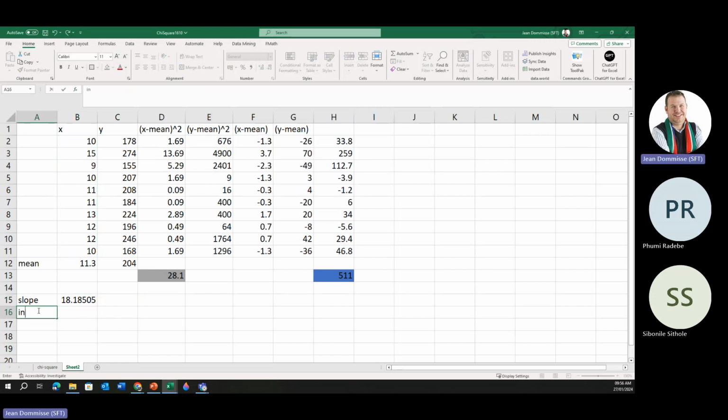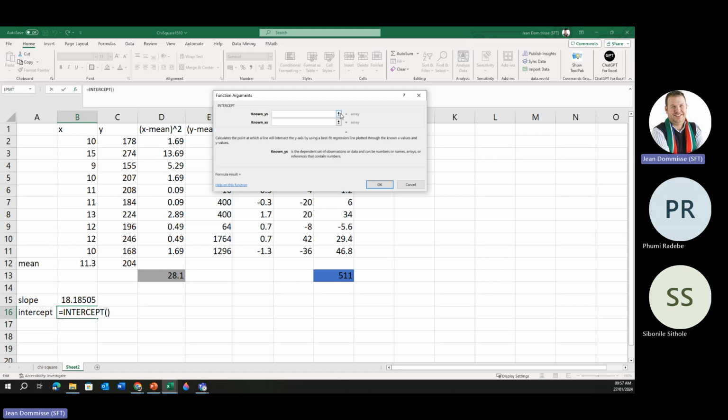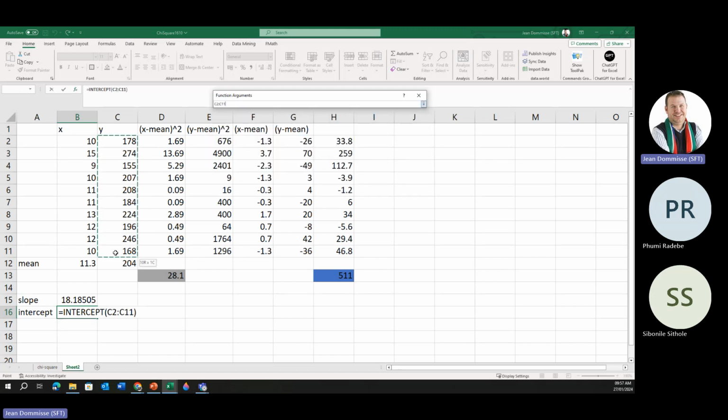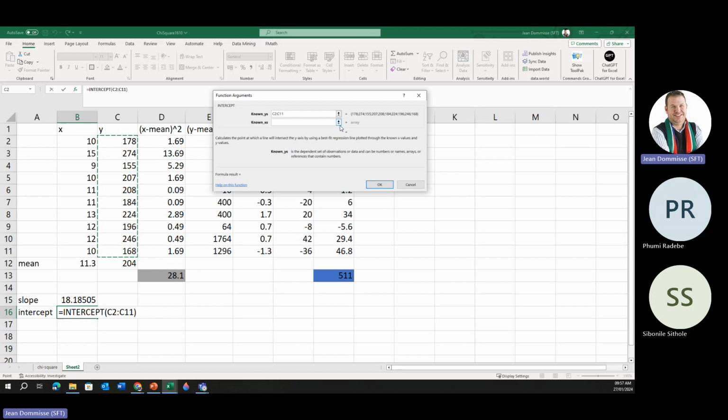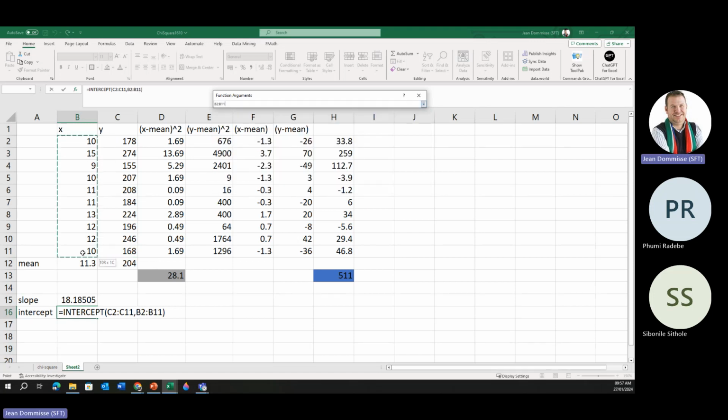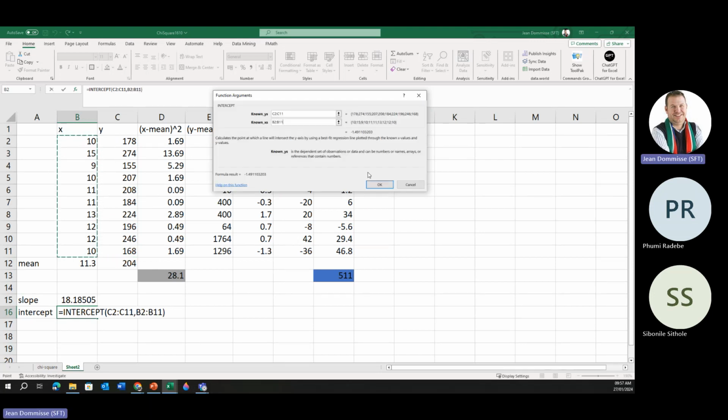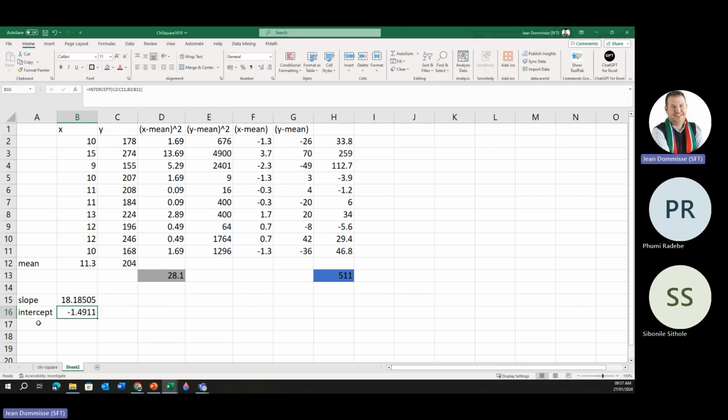And then your intercept. Also a nice one again in Excel. Also be just careful. First you need to put in the y's and second the x's. Please don't do it x first, y second, then you will make a mistake.